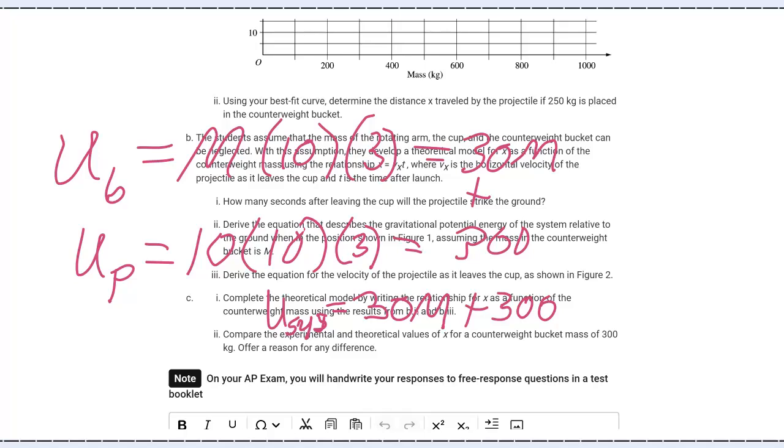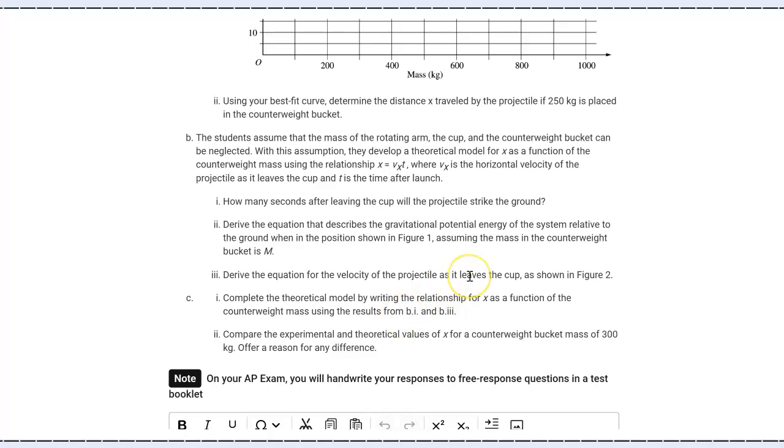All right. Well, now we can move on to number 3. Derive the equation for the velocity of the projectile as it leaves the cup.